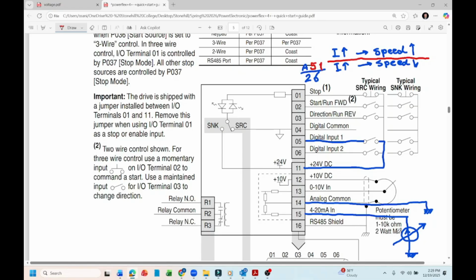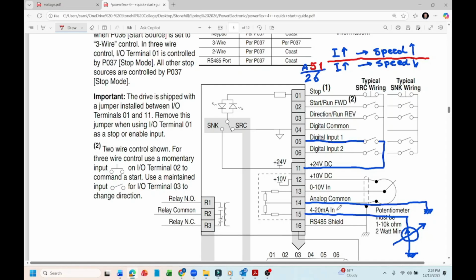Anyway, you need a current source that is able to provide the 4 to 20 milliamp, and you could change that range with the knob that you have. You should also connect terminal 14 to the negative of your source. Compared with the voltage, 0 to 10 is terminal 13, and the current is terminal 15.